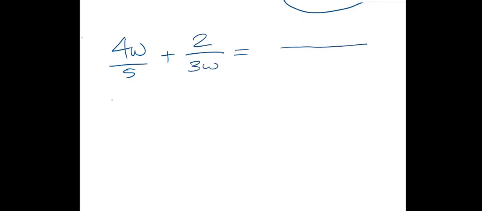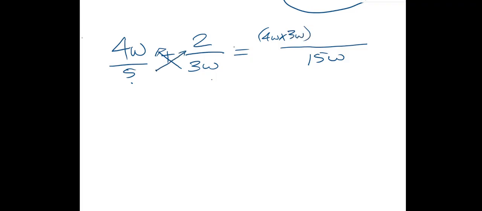Okay, let's add and subtract. 4w over 5 plus 2 over 3w. And remember what we do, bottom times bottom, 15w, 5 times 3w. Bottom to top, 4w times 3w.